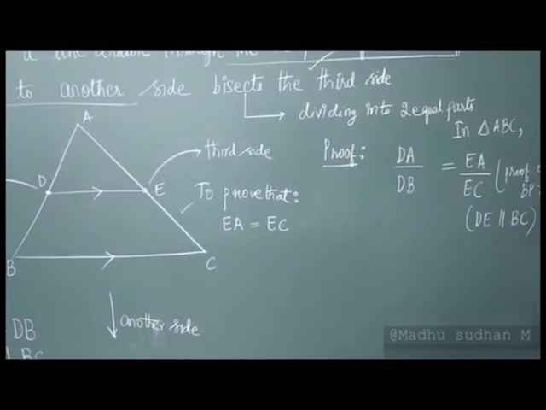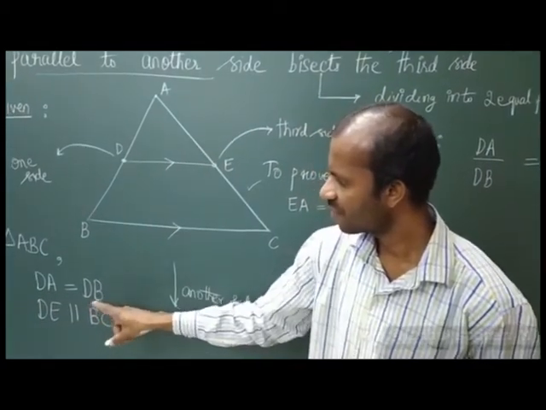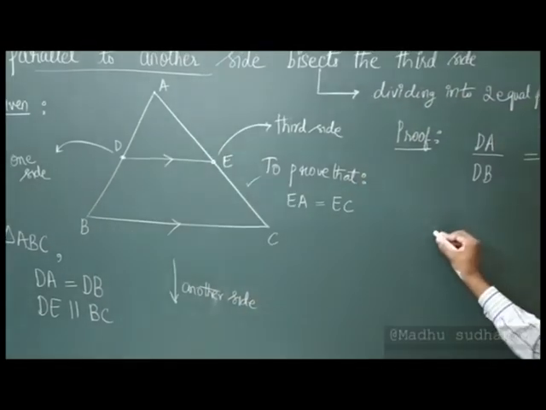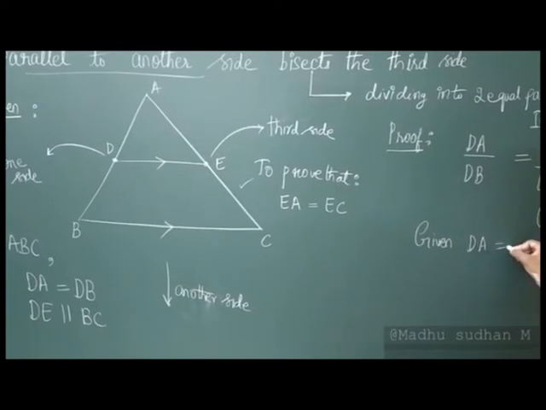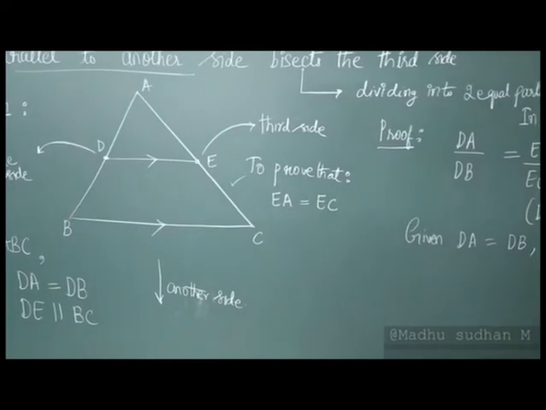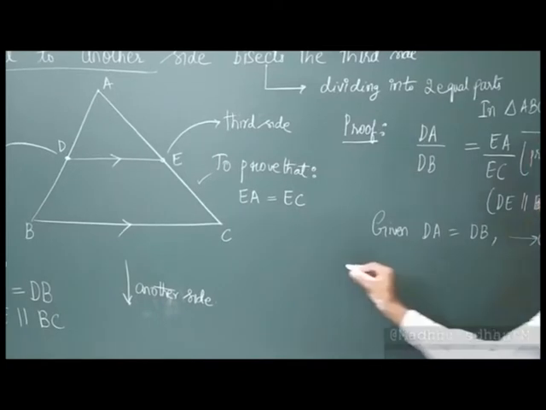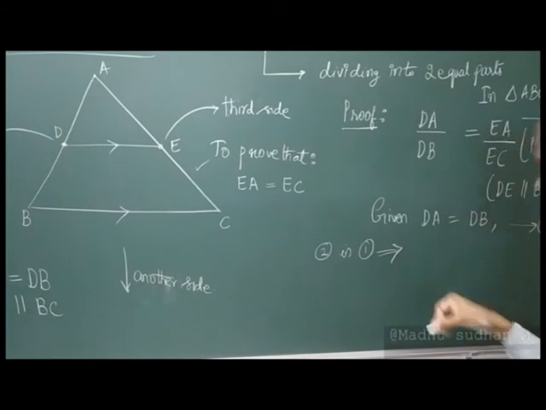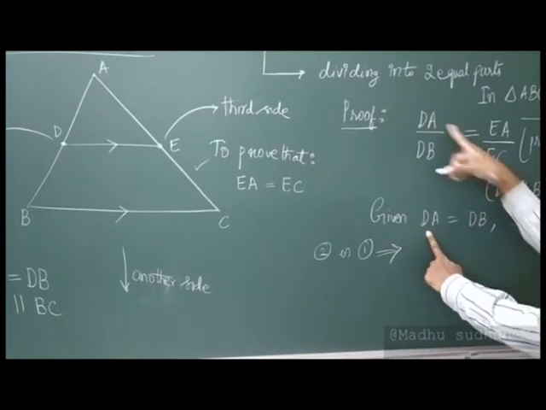Then see, don't we have the given condition here? DA is equal to DB, right? This is a given condition in the statement of the question. So let me make use of that. So let me write given DA is equal to DB, right? If I substitute this, let me call this equation 1. This is equation 2 here. So if I write 2 in 1, wherever I find a DA, I'll replace it by DB here.